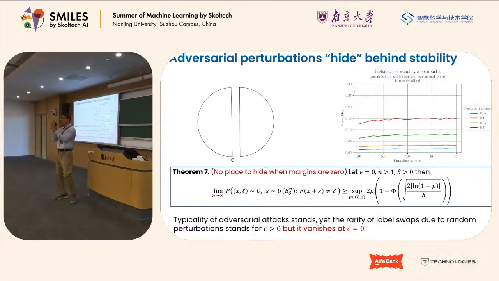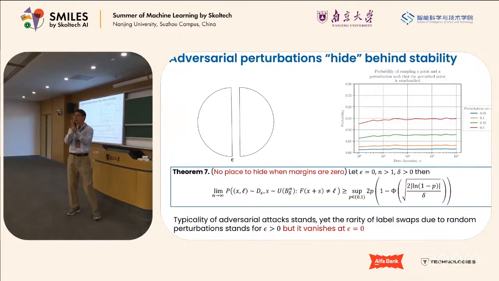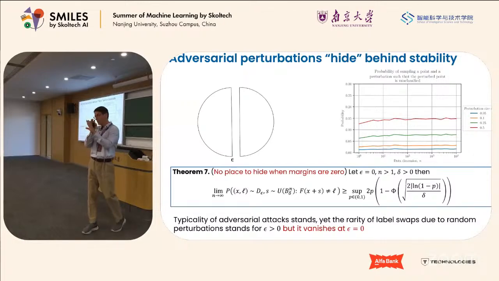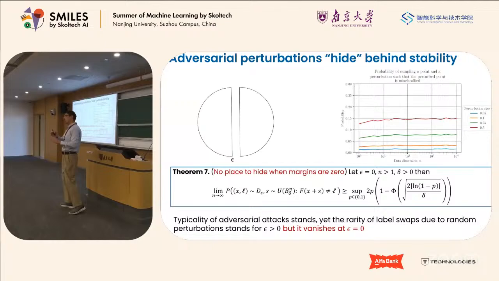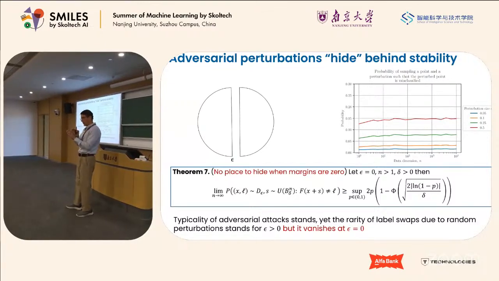So when the margins are 0, concentration is not as bad as you think. So you immediately see the problem, right? So when you don't see the problem is when you have a non-zero margin. So think about it.